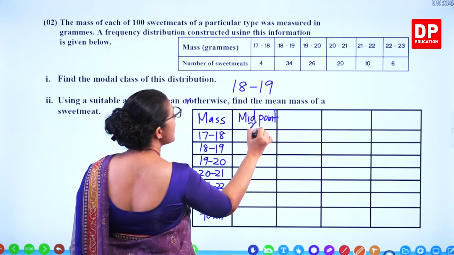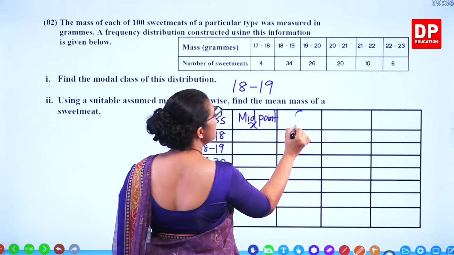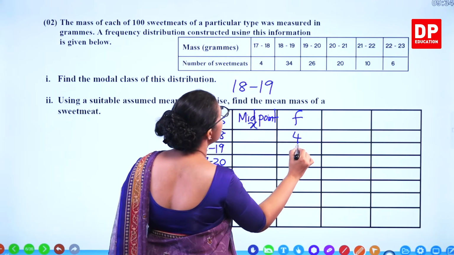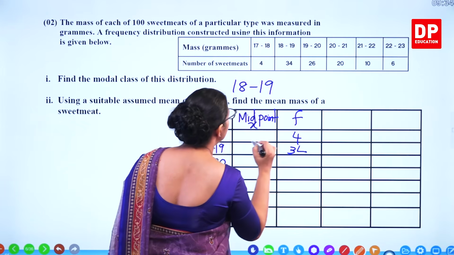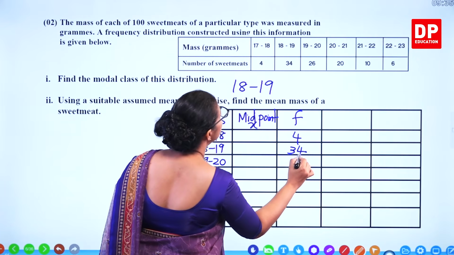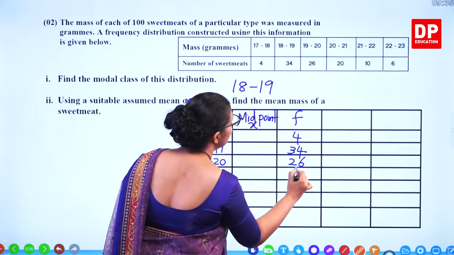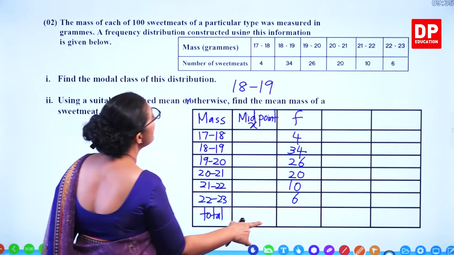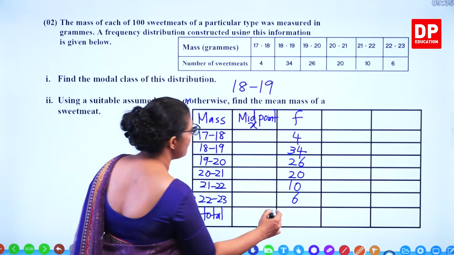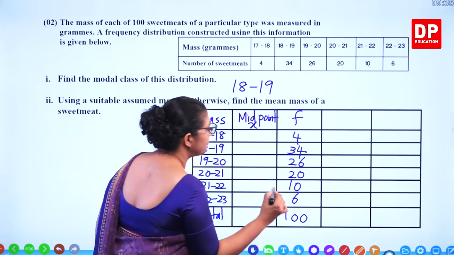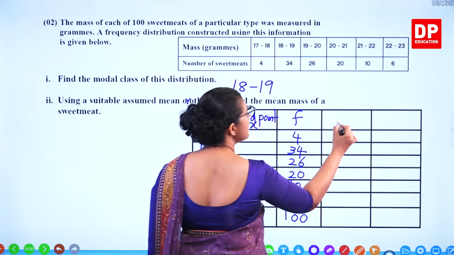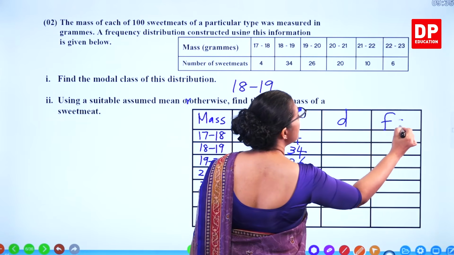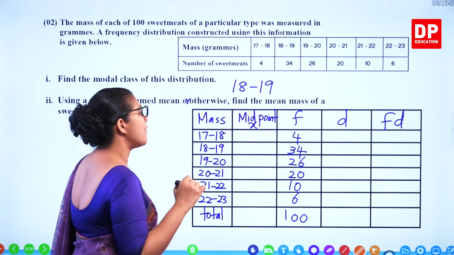Midpoint we can take as x. And then the frequencies you can write here. Total frequency 100. And we can find the deviation and multiplication of f and d.